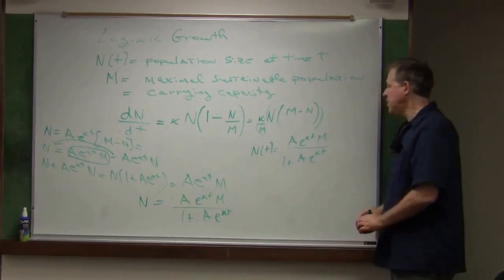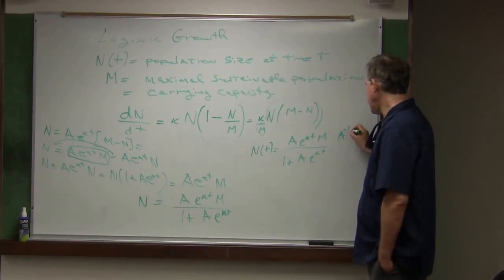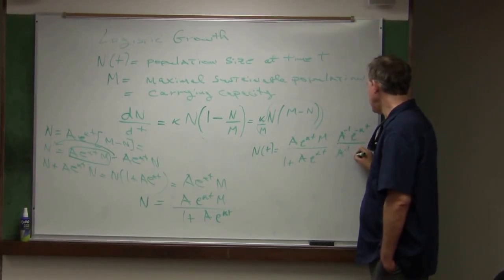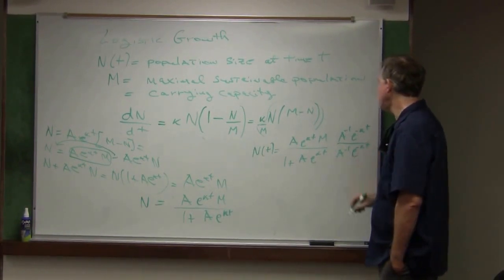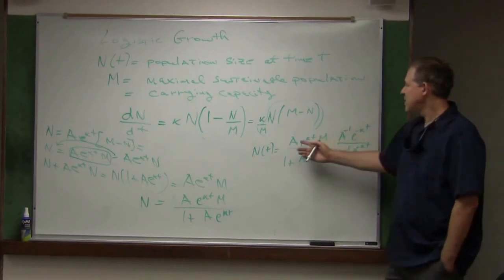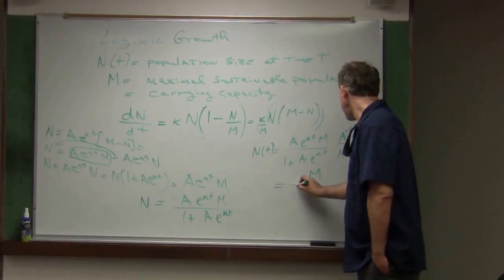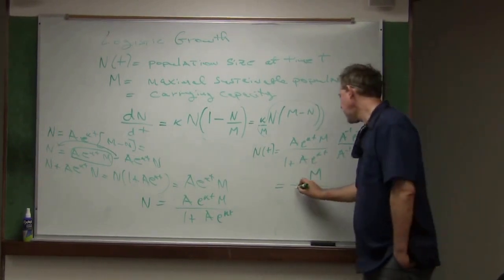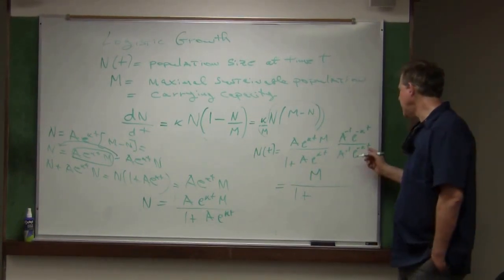Usually what they do is multiply by 1 in the form of a to the minus 1 e to the minus kt over itself. When we do that, this wipes out here and just leaves m in the numerator, and this becomes a 1 when it hits this. And when this hits the 1, it just becomes a to the minus 1 e to the minus kt.